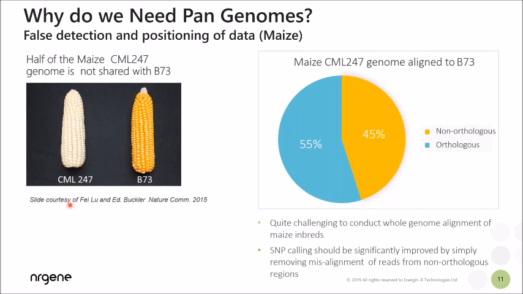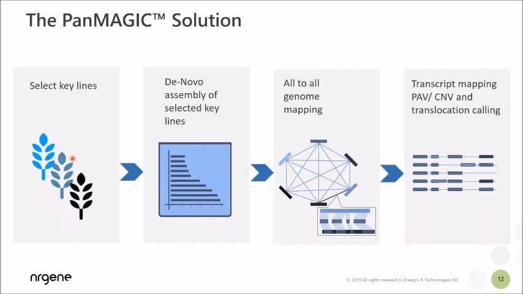If you take the reads from that assembly and align them to the publicly available reference of Maize B73, and then compare the location of the SNPs to the actual locations on the de novo assembly, you find that 45% of them are not collinear, meaning that the order of 45% of the SNPs is not as the reference tells you. So these are two examples of why we need a pangenome, and now I'll present at greater length what we actually offer.